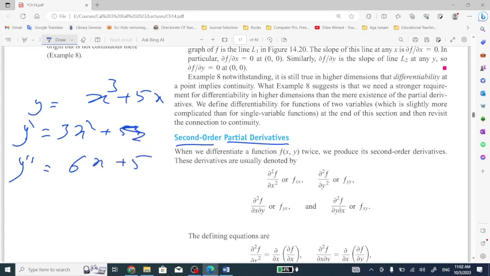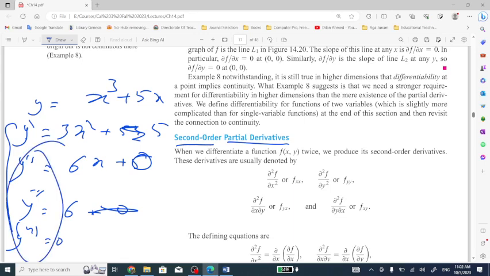How about y triple prime? You remember that. So this is called higher order derivative, from the second to more. Second derivatives, third derivatives, the same thing is true here.